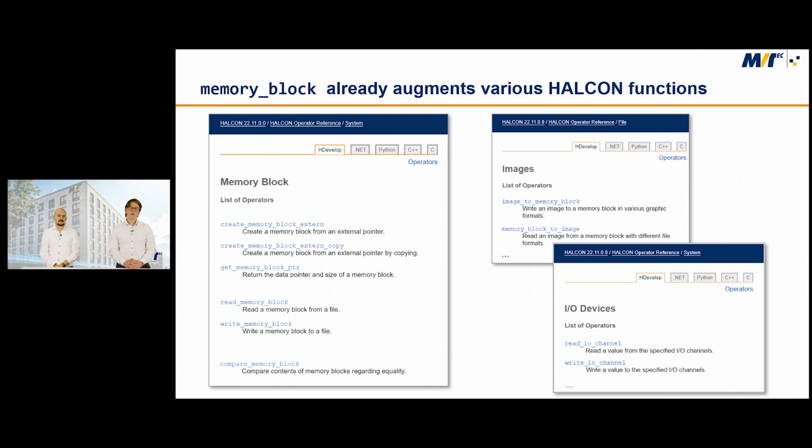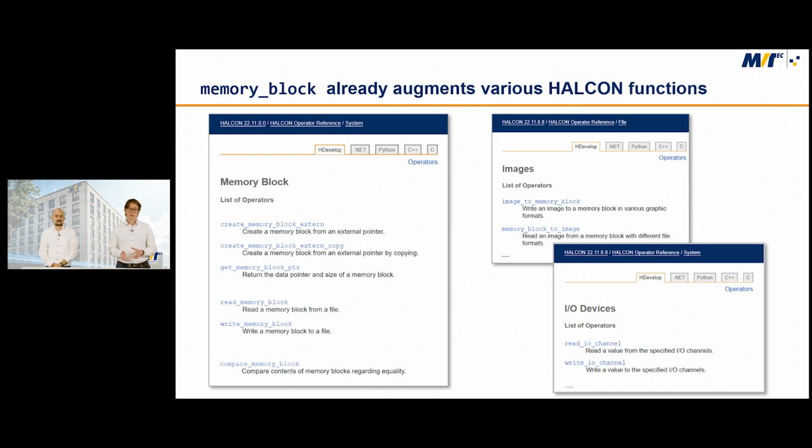HALCON supports memory blocks in several ways, already coming with 22.11. We have the creation of memory blocks from external pointers, which can be done without or with making a copy into the internal HALCON memory. Then we have the conversion between images and memory blocks.